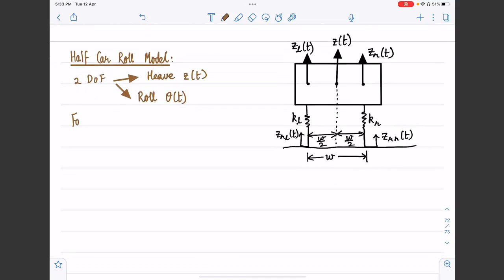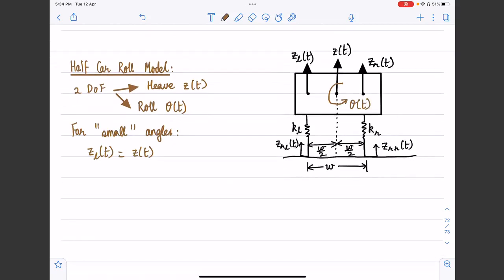Now for small roll angles, once again we can get a relationship between ZL and ZR. We assume that the roll angle is theta. Roll is the angle of rotation of the mass about the longitudinal axis, when we look at it from the front or the rear.